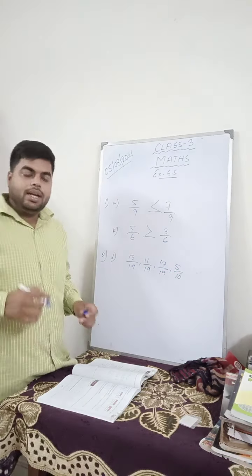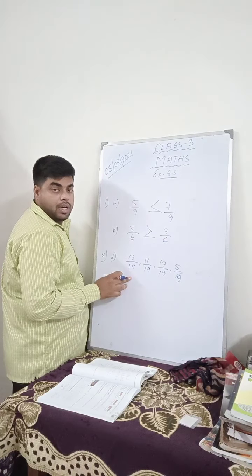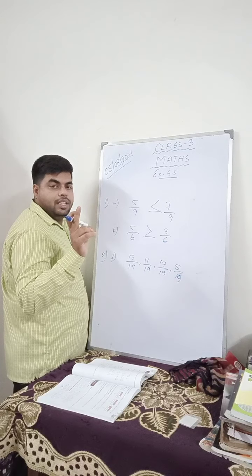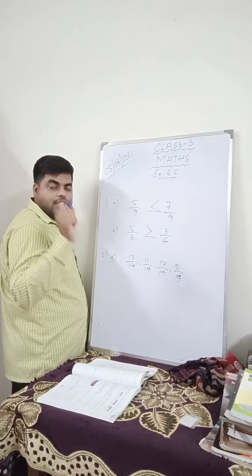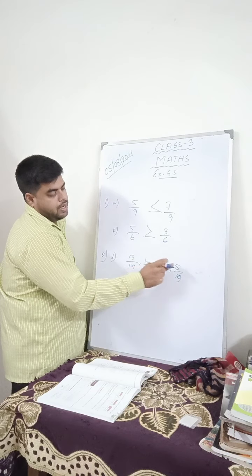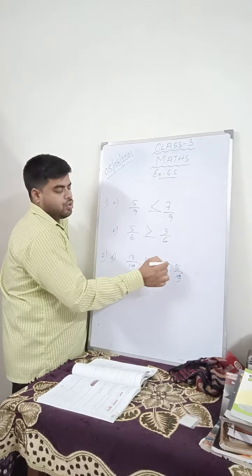When the denominators are same, then only you can compare them or arrange them in ascending or descending order. When all the denominators are same, the greatest numerator is the greatest fraction. The smallest numerator is the smallest fraction. So here 13, 11, 17, 5. Which one is greater? Obviously 17. So this automatically becomes the greatest fraction. I hope you have understood, children, everyone.